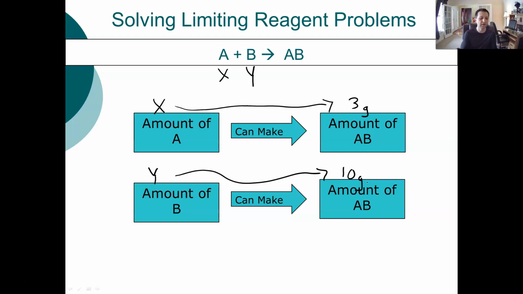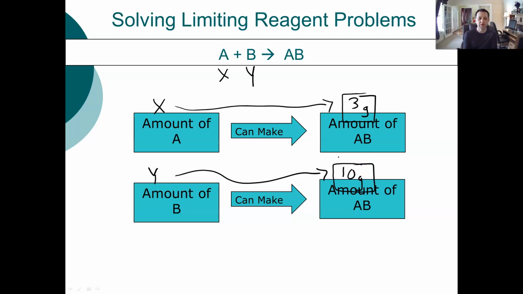Okay, so what's this mean here? It means if I have X grams of A, and I'm assuming I have excess substance B, I can make 3 grams of product. If I have Y grams of substance B, and I assume excess substance A, I could make 10 grams.